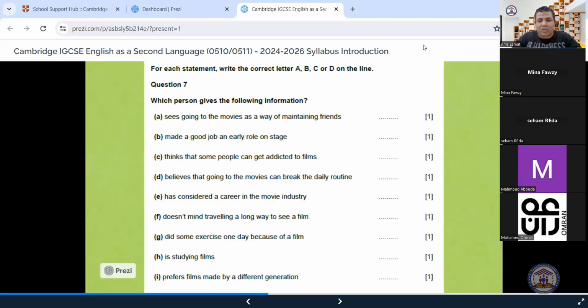They read the question as you see, and they decide which detail goes with which text. Okay, so it's a matching question, but it depends on skimming and scanning as well.